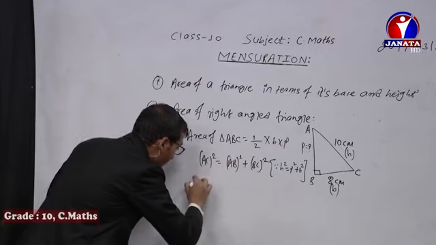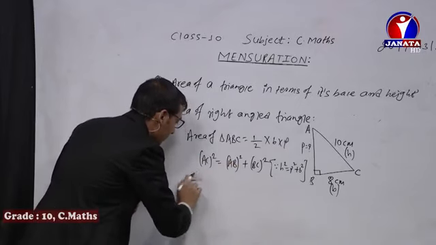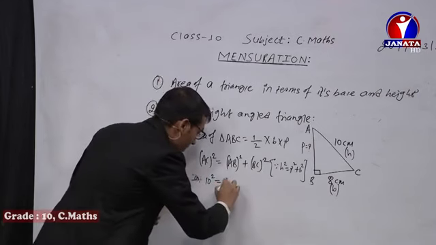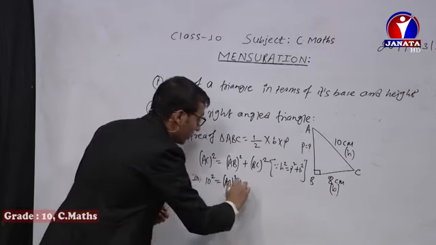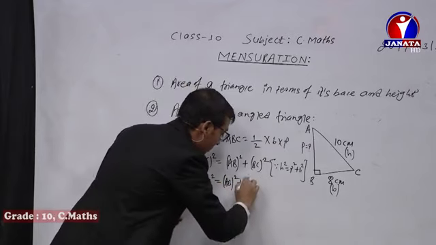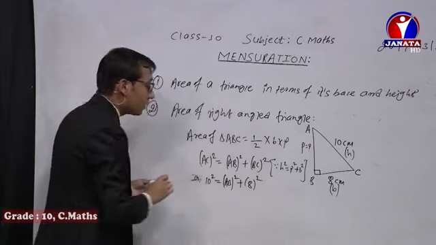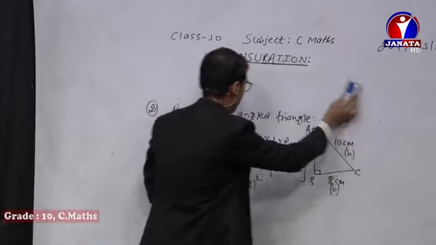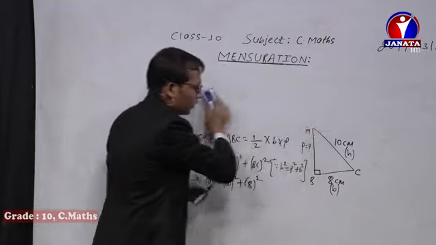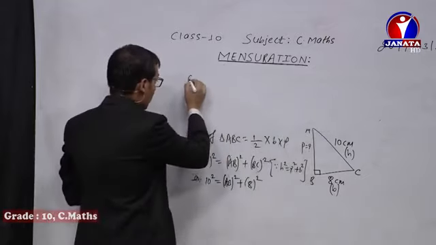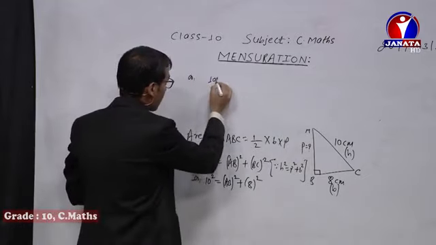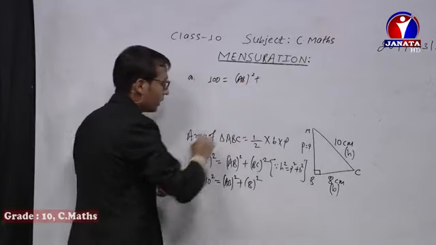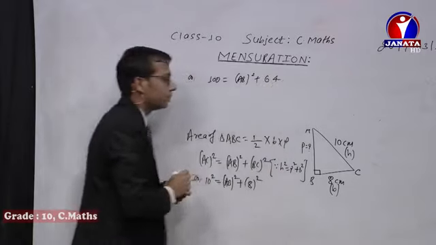So 10 square is AB square, we are calculating for AB, plus BC is 8 square. Now let me erase and solve here. So this is 100 is AB square plus 8 square is 64.